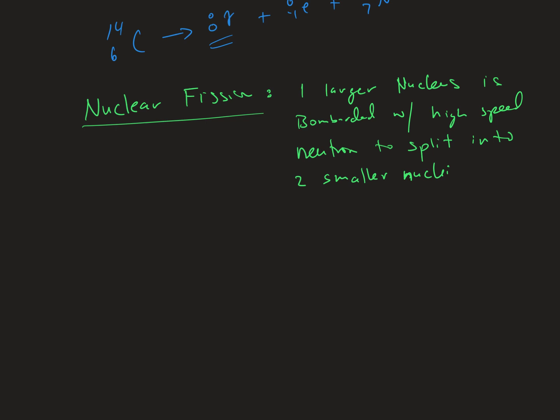So that's basically a bullet where you're shooting at the nucleus to get it to split. If you don't shoot it with enough energy, it's not going to split, right?